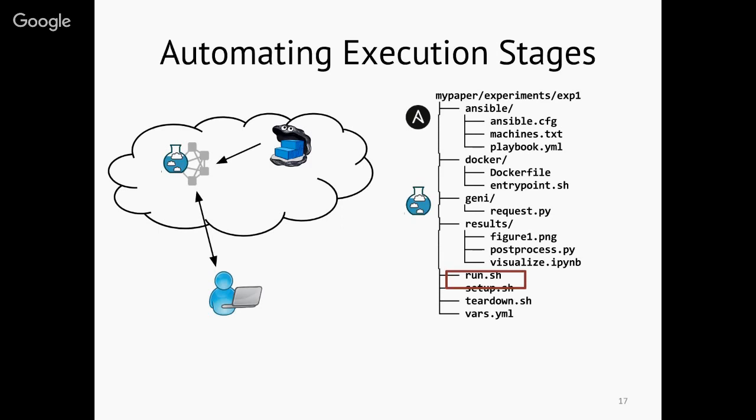And with Ansible, once we boot the resources, we pull Docker containers, we run them, and then we fetch results. And then at the end, we can report whether the experiment failed or whether it ran to completion.